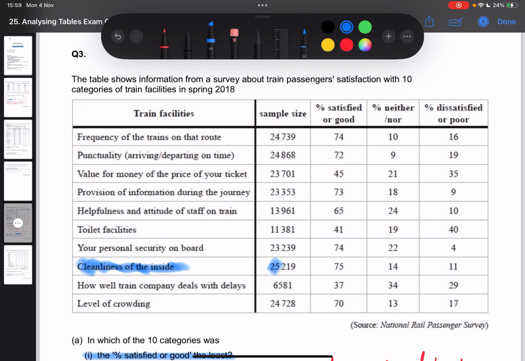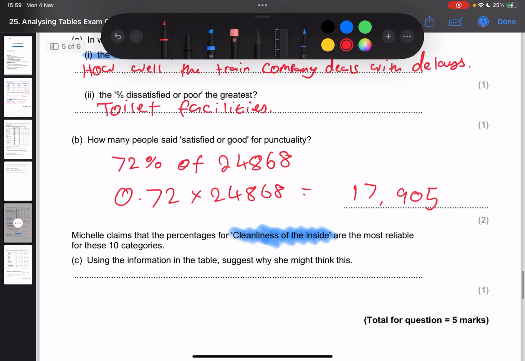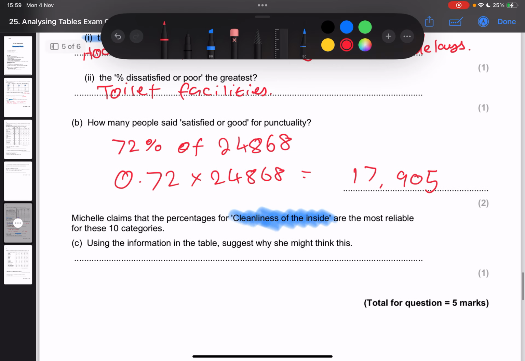What I can see, and this may be the case, is that this is the biggest sample size, and the bigger your sample size, the more reliable the results will be. So I will write, category has biggest sample size.